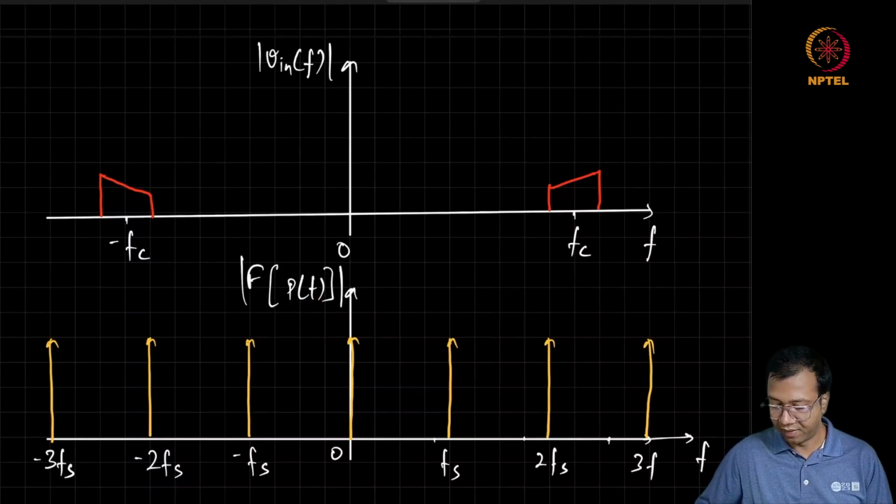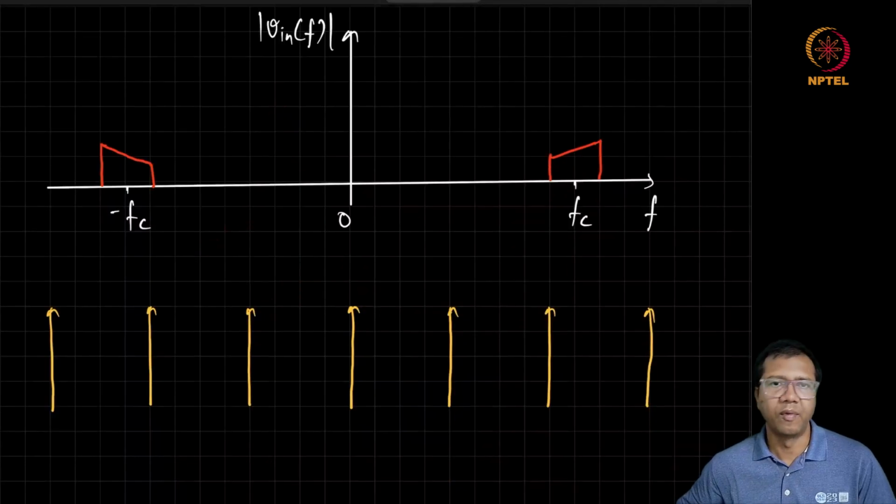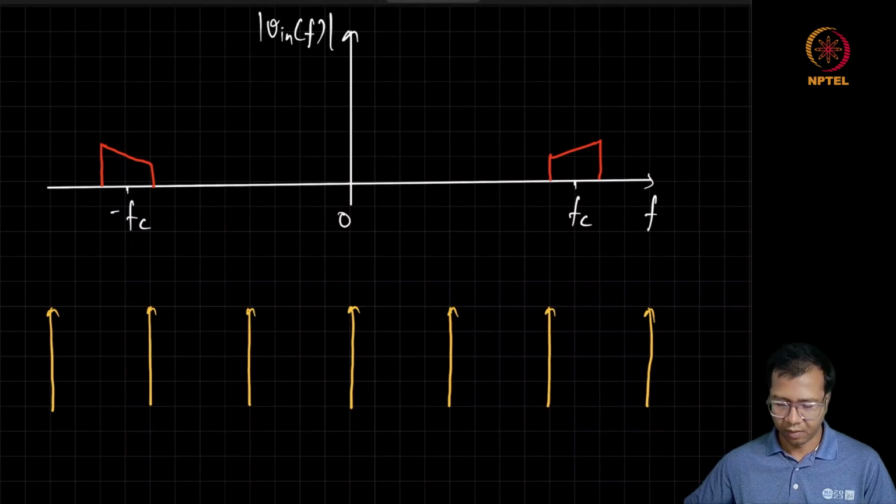From our signal systems understanding, we know that the frequency spectrum of P of t will also be an impulse train, but with a spacing of Fs. Now, if the two signals are convolving in the frequency domain, here we are going to see how convolution helps in the frequency translation of the input signal.